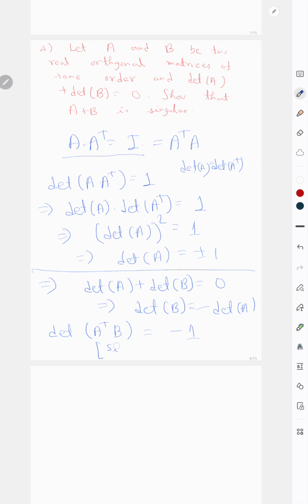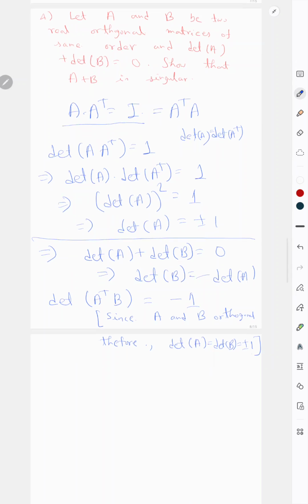Since A and B are orthogonal, determinant of A equals plus or minus 1 and determinant of B equals plus or minus 1, that you know. So from there you have this type of thing, right?